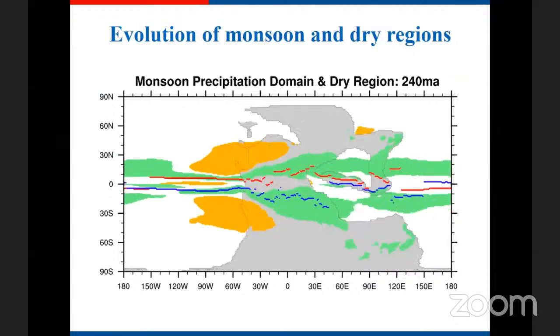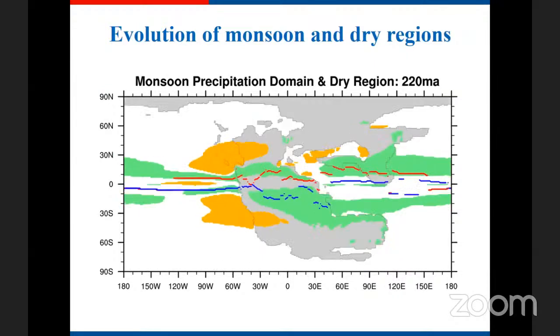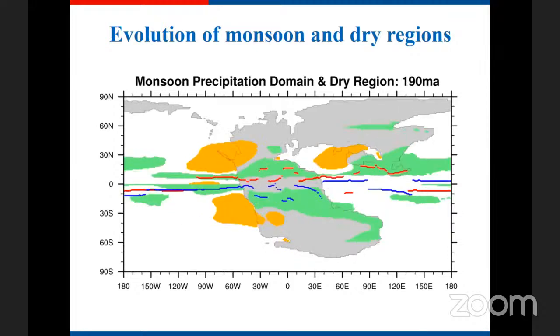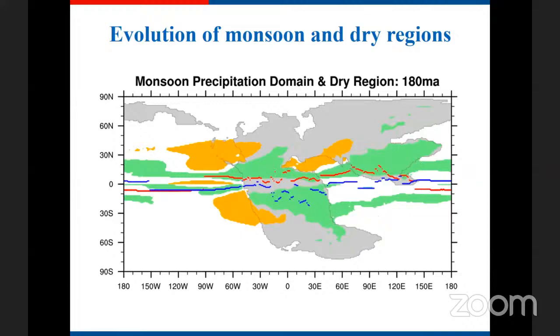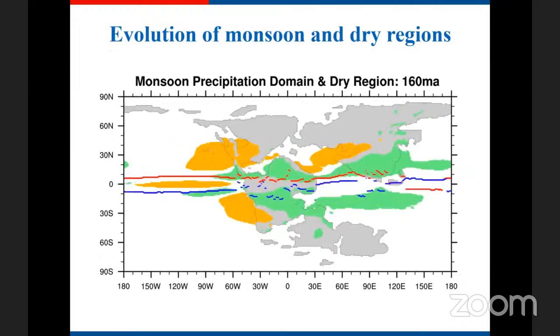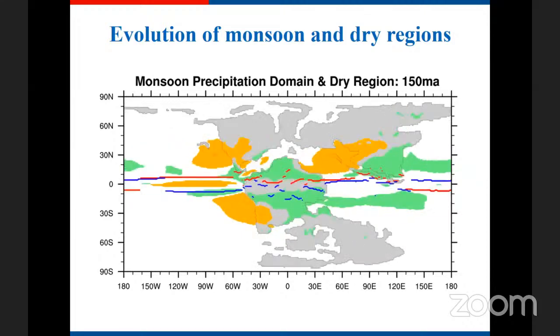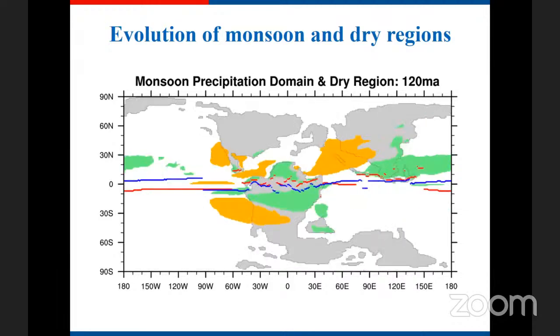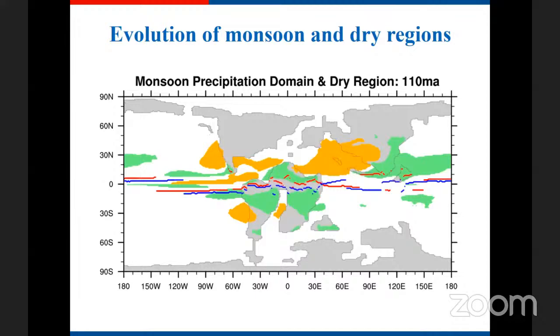So here is the animation for the 26 simulations showing the monsoon region change. We can see the blue and green areas are the monsoon regions, and the yellow areas are the dry regions.